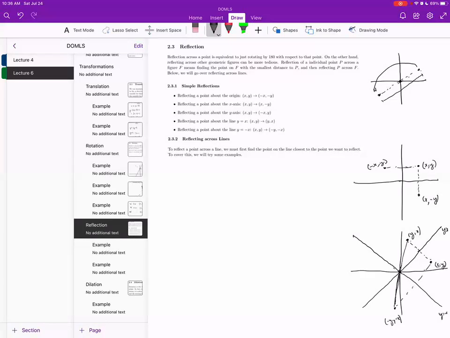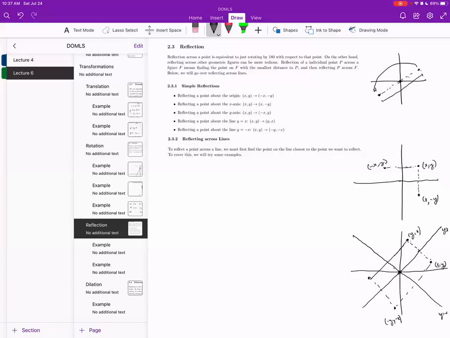So y, x is the same as negative y, negative x reflected about the origin. That's just something interesting to note. Essentially, when we reflect negative y, negative x across the line y equals x again, these four reflections will form a rectangle or parallelogram with its center at the origin.